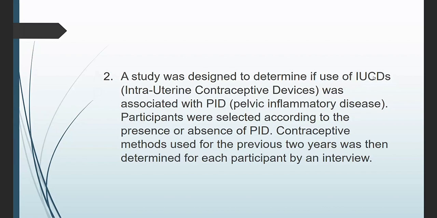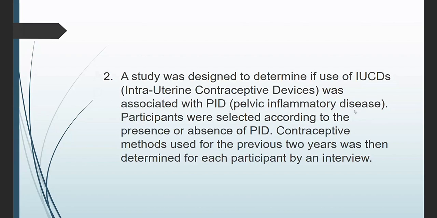This is a contraceptive method. Some people take pills, some implants, some injection. This is one of the methods. If you use it, you need to put it inside your uterus. Is it associated with getting this disease or not?